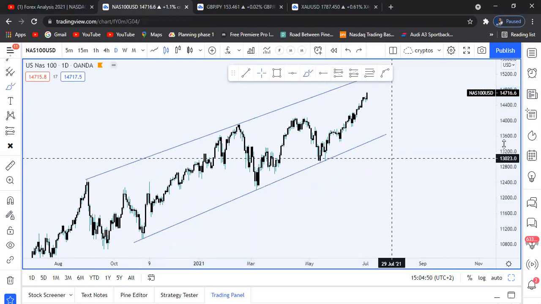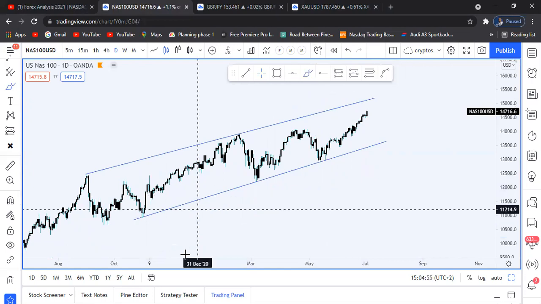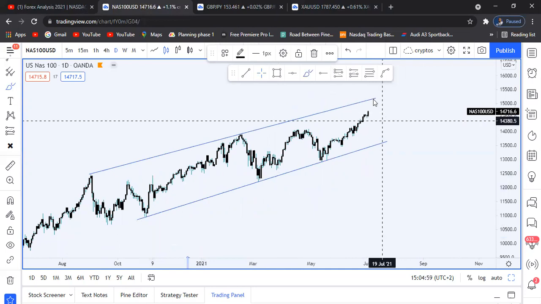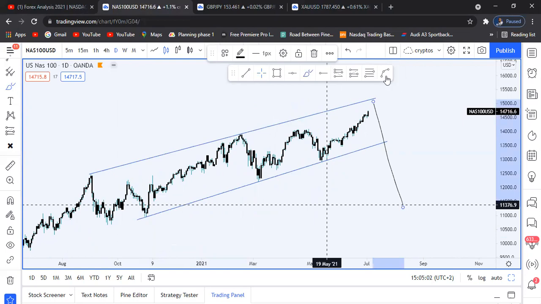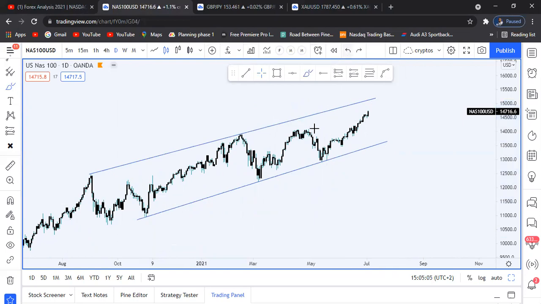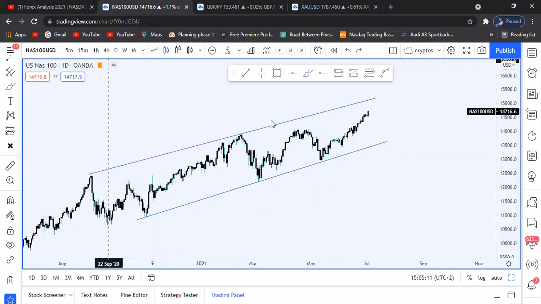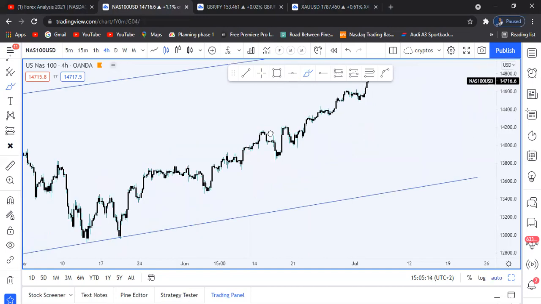Each and every day they are going to the upside because of the growth, and the economy is going up. Unless maybe we face some sort of pandemic, maybe a third or fourth wave, then it can drive Nasdaq to the downside. But other than that, I don't see Nasdaq pushing that much to the downside, because remember, we're on a daily time frame, unless we face some major fundamentals.